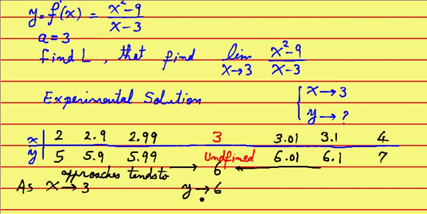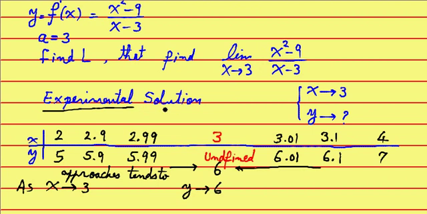So that is an experimental way of finding a limit. In this problem, perhaps you remember things from high school that let you get the answer quickly, but in more complicated problems, I advise you to start with the experimental approach to get a sense of what's going on, and then you can go ahead and try the algebraic approach.